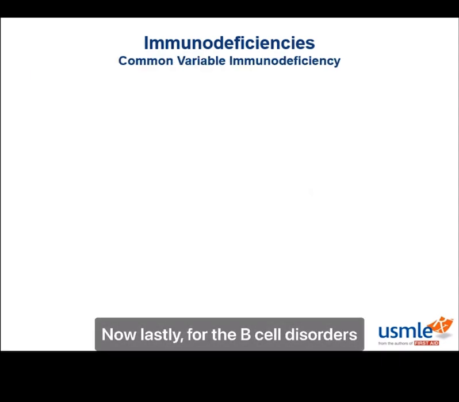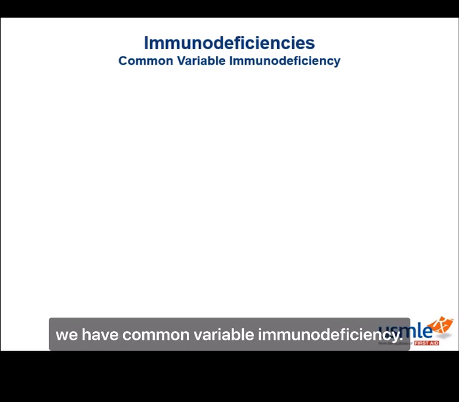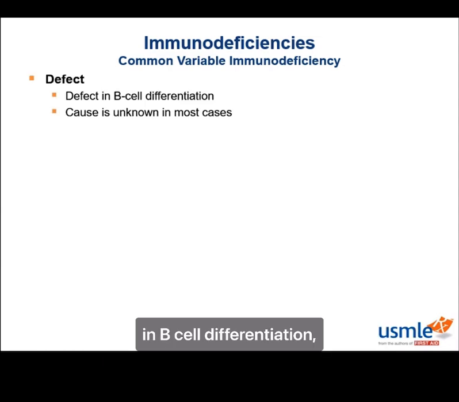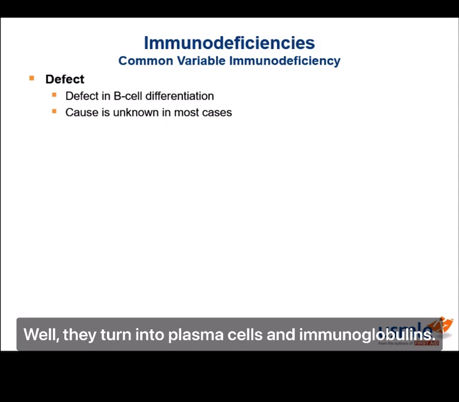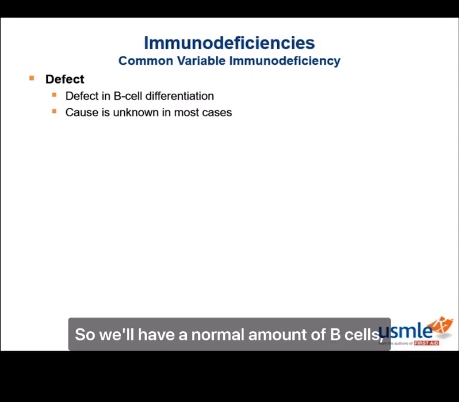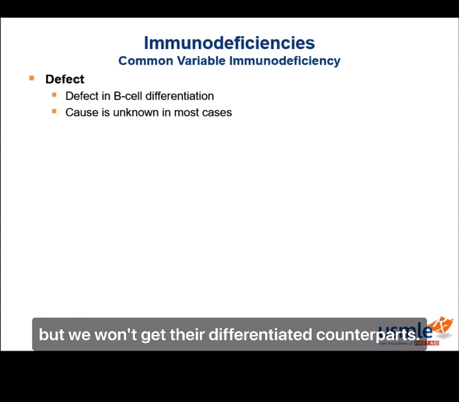Now, here are some images of the trophozoite and cystic form of Giardia. Now, lastly, for the B-cell disorders, we have common variable immunodeficiency. Common variable immunodeficiency is a defect in B-cell differentiation, but the cause is usually unknown. What do B cells differentiate into? Well, they turn into plasma cells and immunoglobulins, so we'll have a normal amount of B cells, but we won't get their differentiated counterparts.